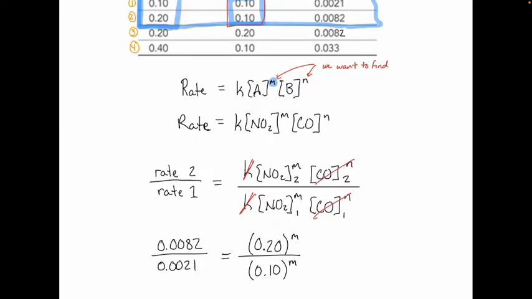Importantly, because of how exponents work, this bottom term I can simplify to 0.20 divided by 0.10, all to the power of m.